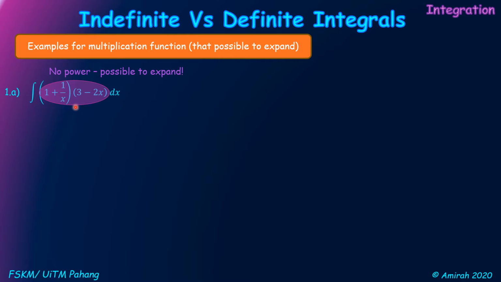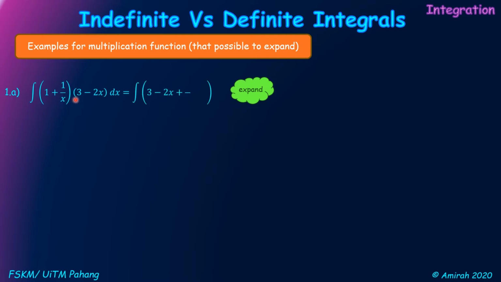So from here, there is no power, which means we have the bracket to the power of 1, so it is possible to expand. So we expand this function, and after we expand, we get this. From here, we multiply 1 by 3, so we get 3 here.